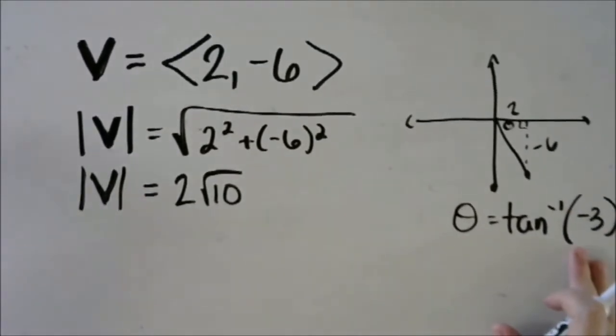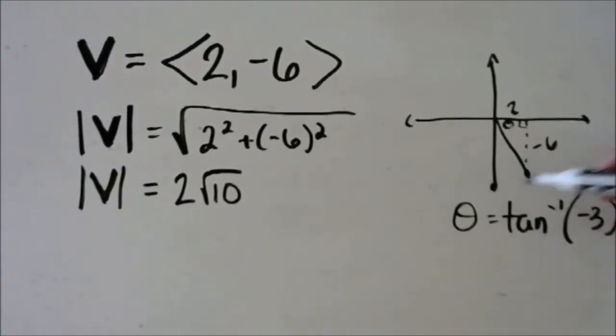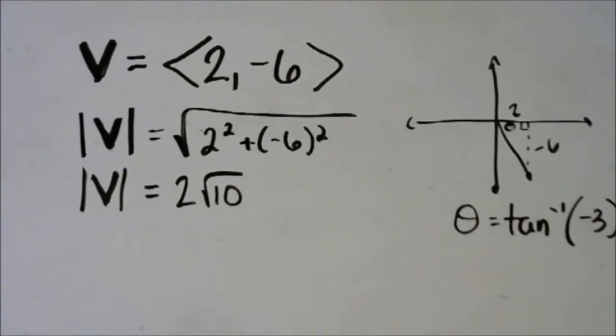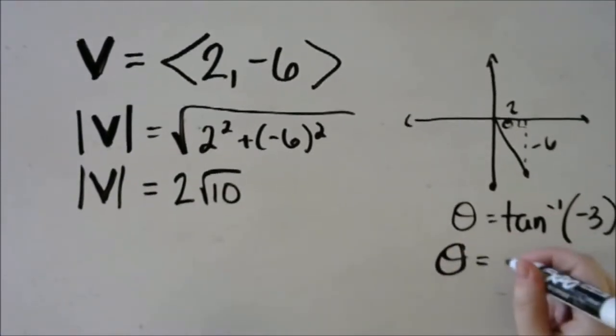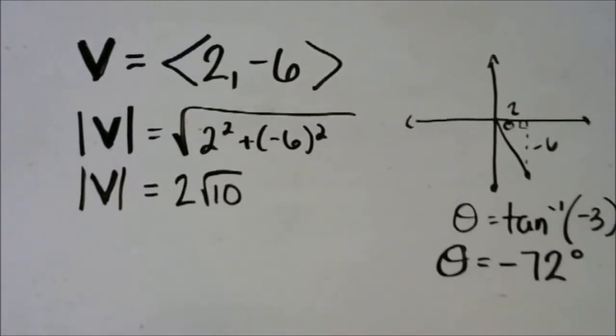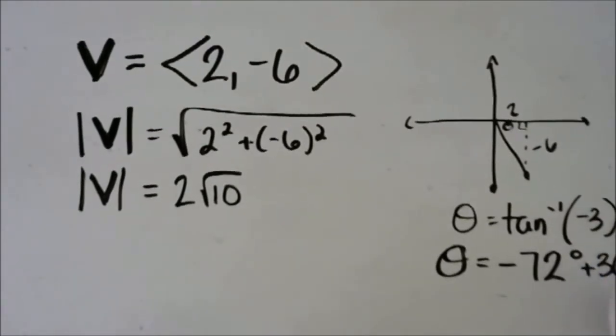Now I'd like my answer to be in quadrant 4, but the inverse tangent function is only defined from -pi/2, or -90 to +90 degrees. I'm going to have to do some manipulation. I find that theta is equal to -72 degrees if I round to the nearest whole. Well, that's not in the fourth quadrant. So I'm going to find the coterminal angle by adding 360 degrees.